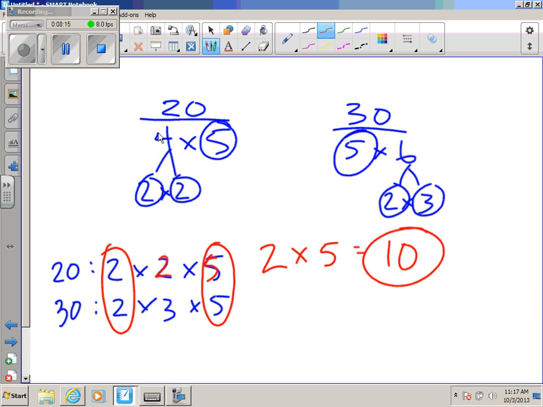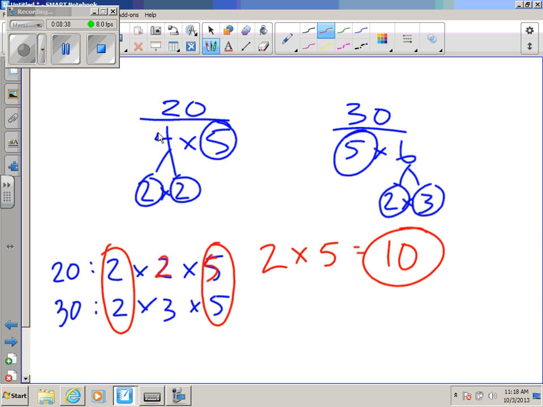So if there's extra numbers, you just leave them? There's extra numbers, you just leave them. Yep. Because they just have the 2 in common, right? So if you circle a pair, you just put that 1 down.